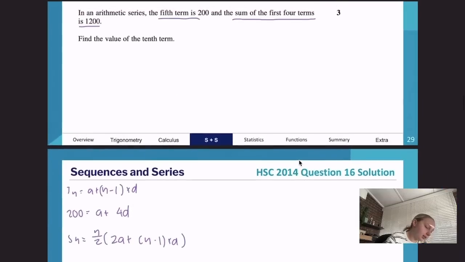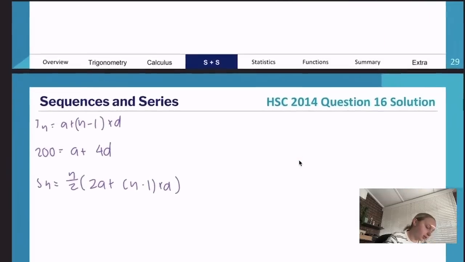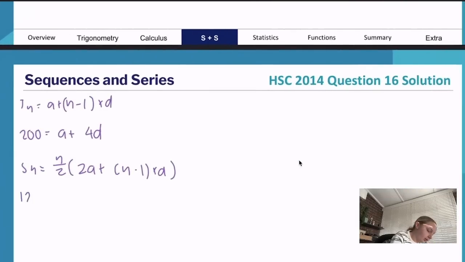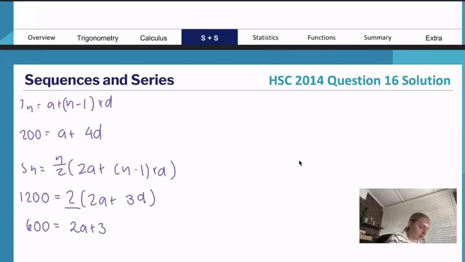They've given us that the sum of the first four terms is 1,200. So we've got 1,200 is equal to 4 on 2, which is 2, 2a plus 3d. We can simplify that by dividing this 2 out, so we get 600 is equal to 2a plus 3d.